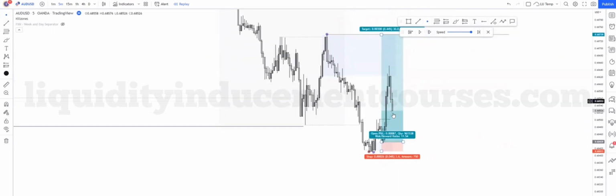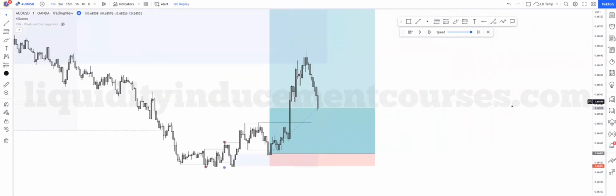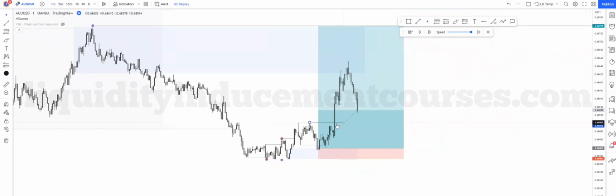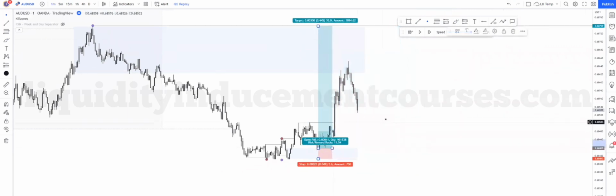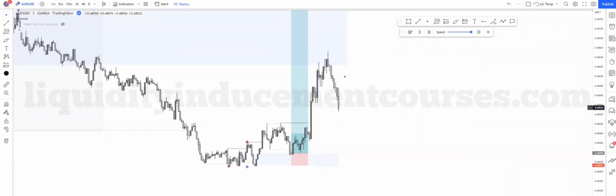All right, there's the retracement, there's a pullback. Okay, so let me just get this out of the way for a bit. I'm still holding this. So now we have a run on liquidity and a break in structure.